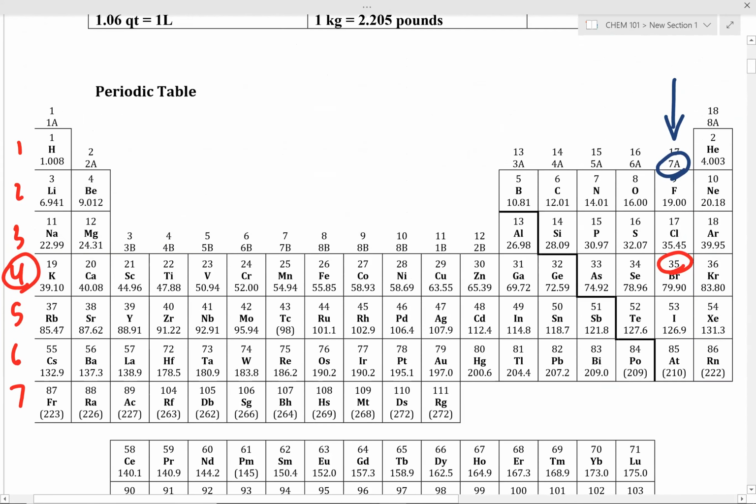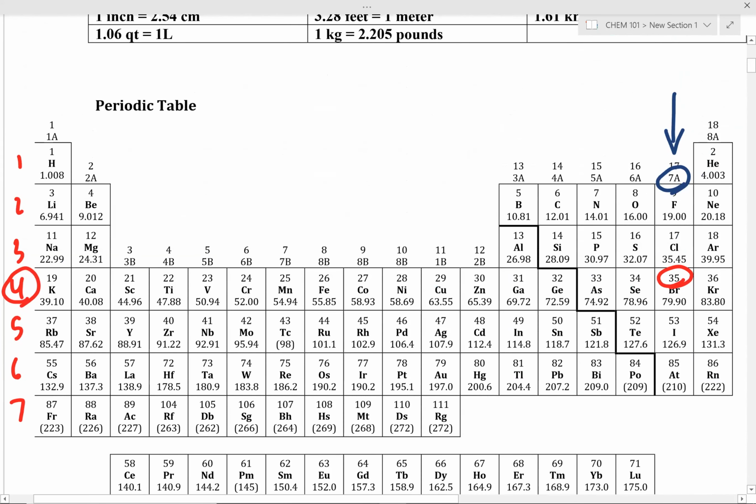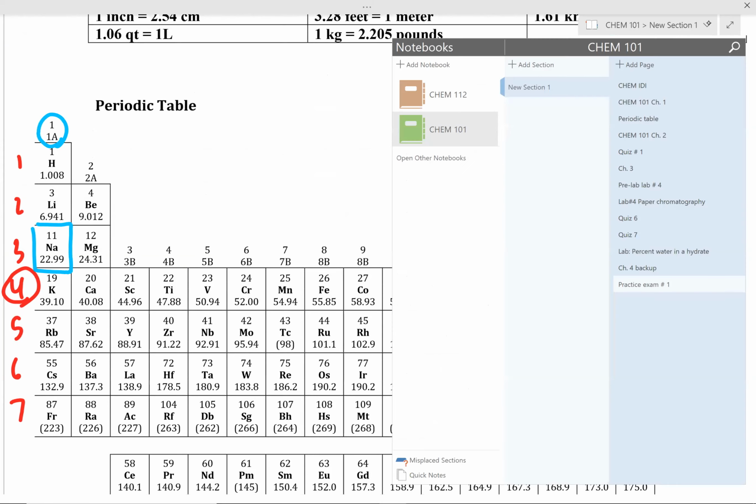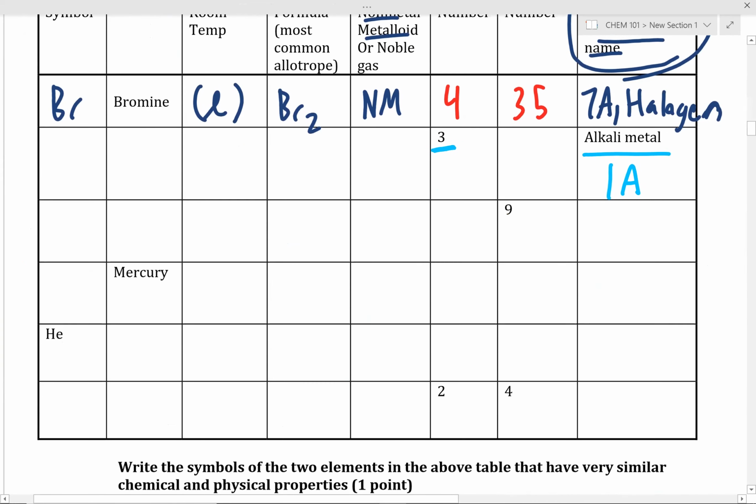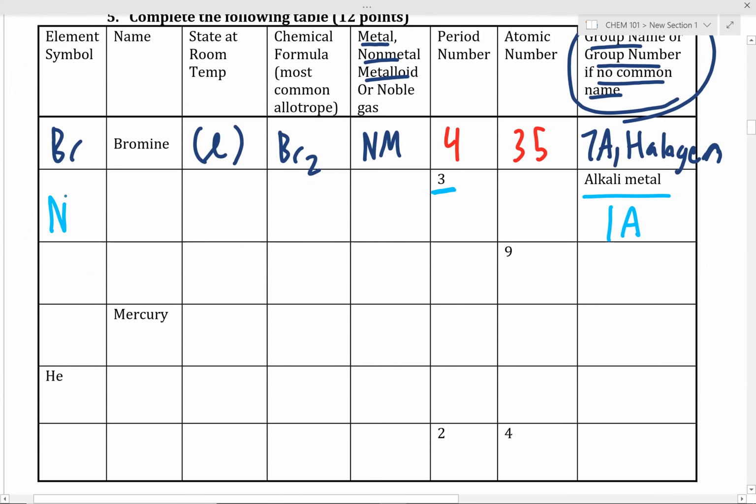So we're looking for column 1A, and then our period number, which is our row number, is 3. So what element corresponds to that? Sodium. Okay, perfect. So then the element symbol is Na, and we'd call this sodium.